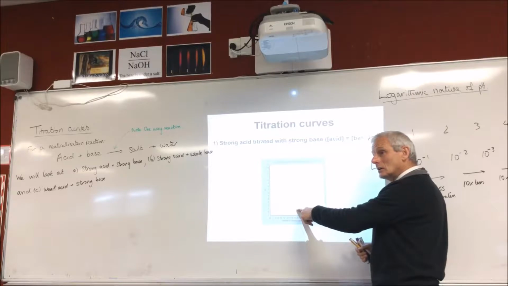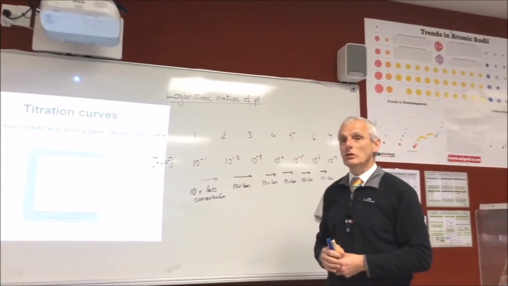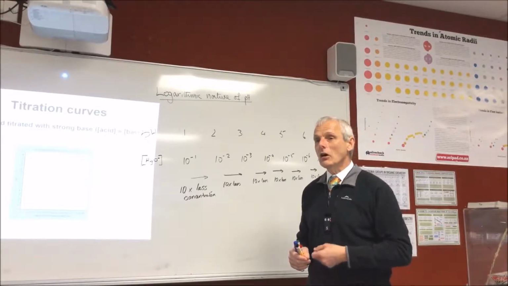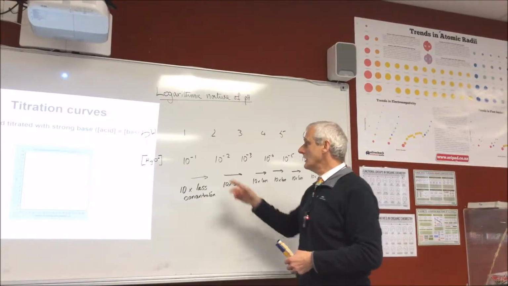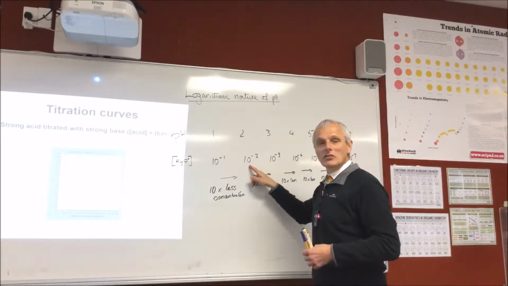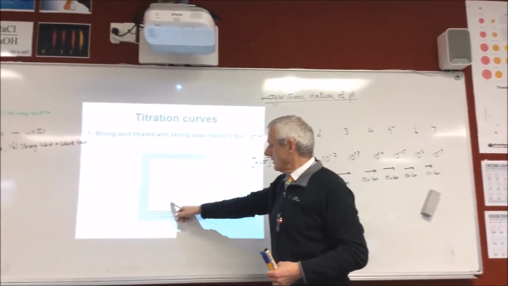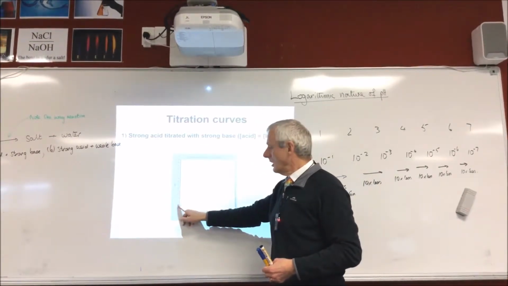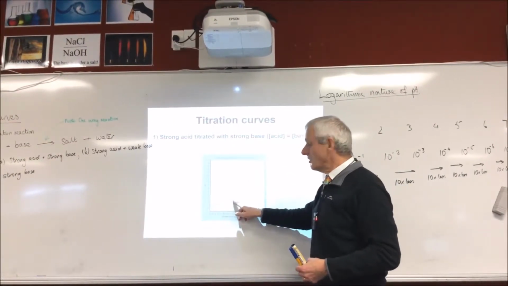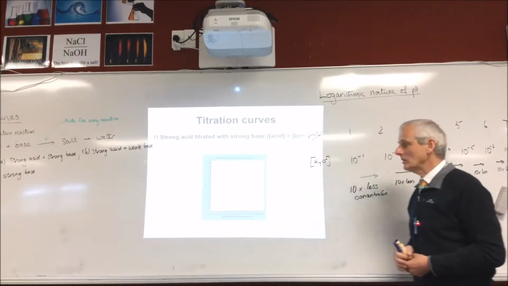If you start with a 0.1 mole per litre solution, you've got to add a lot until you get to 10 to the minus 2, 0.01 mole, and that's when you get one pH change. That accentuates the non-linear nature of this, okay?